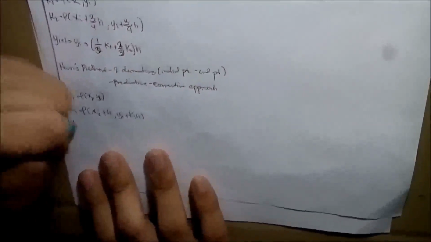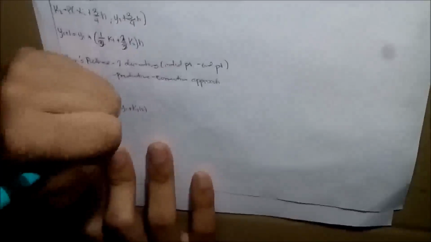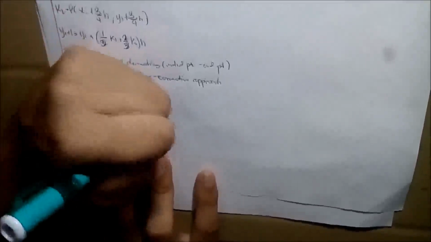And finding the yi plus 1, so yi plus 1/2 k1 plus 1/2 k2 times h.